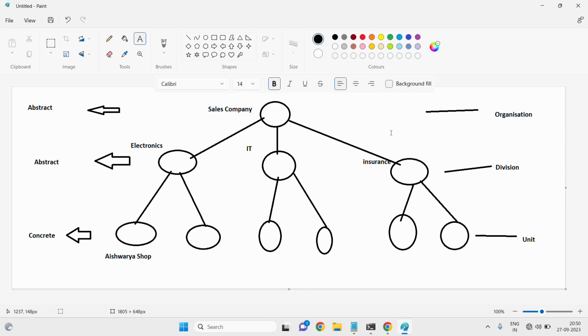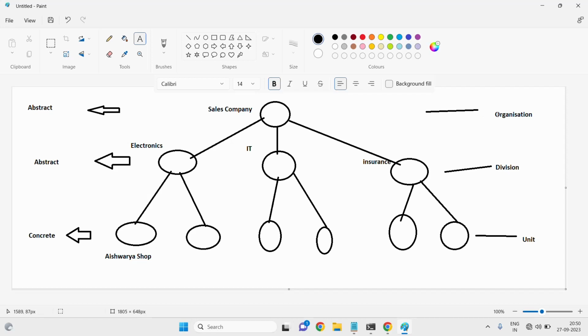For example, if you have a company like a sales company, the sales company is an organization. Organization means a big thing. For example, if you are a student of Aditya Engineering College, then Aditya is a big organization.